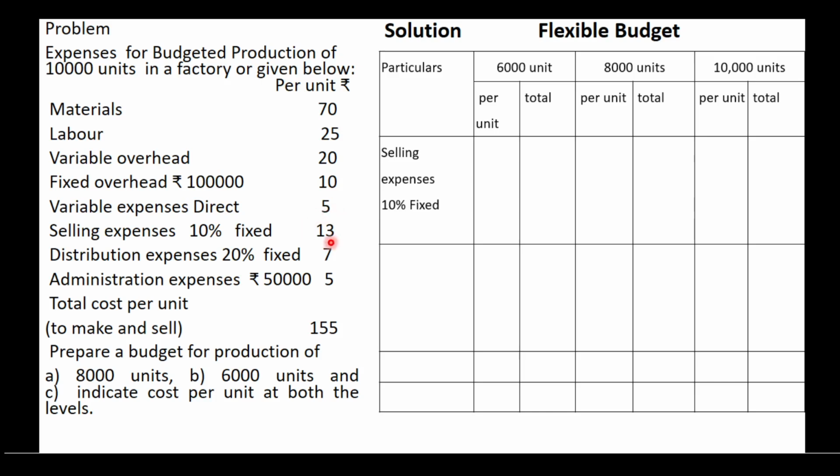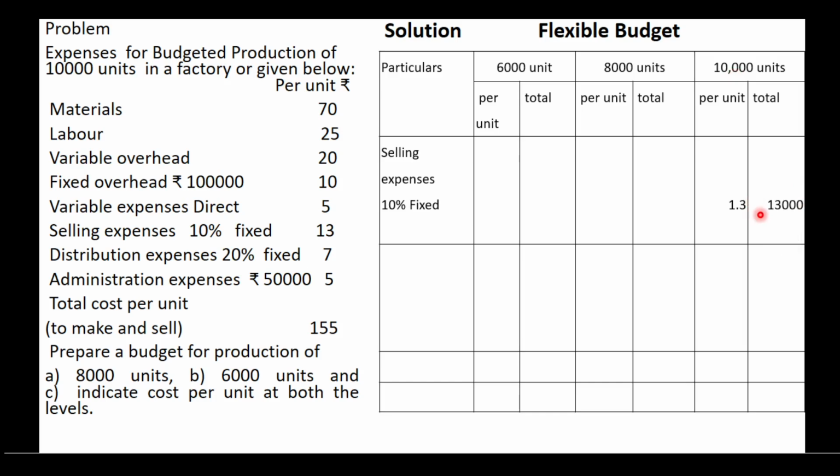So 13 into 10 divided by 100. So that is the fixed under the 10,000 units. So now the cost per unit is 1.3. So now we calculate the total amount as 1.3 into 10,000. Now the total amount is rupees 13,000.